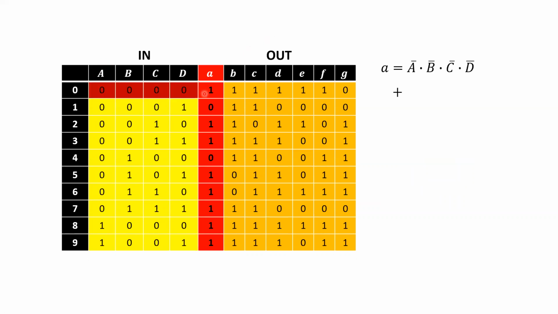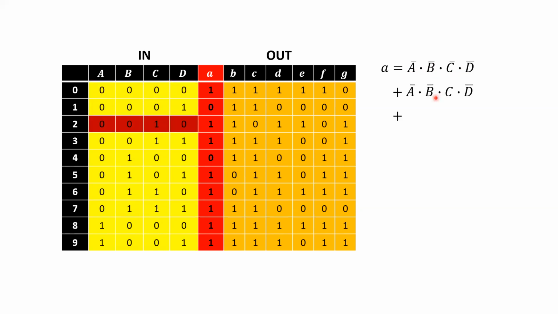So we can write A equals not A and not B and not C and not D. The next row is 0, so we don't want to include this row, but we do want to include this row. So we add in another term, which is not A and not B and C and not D.